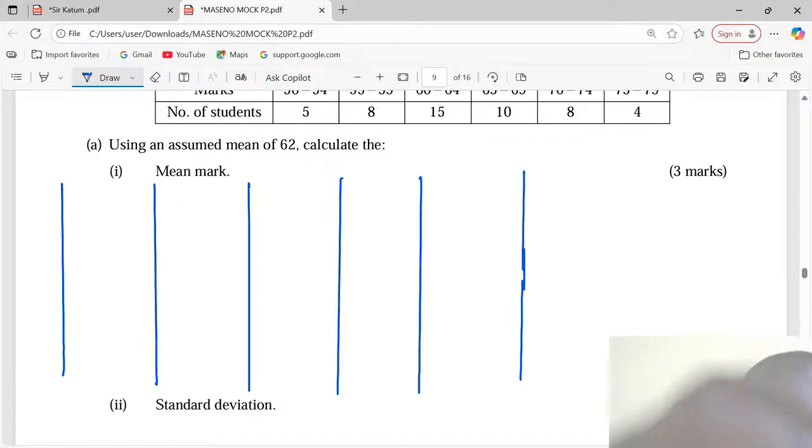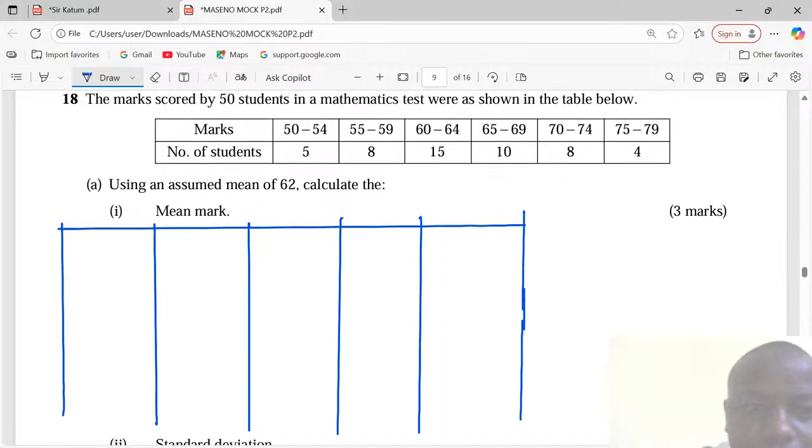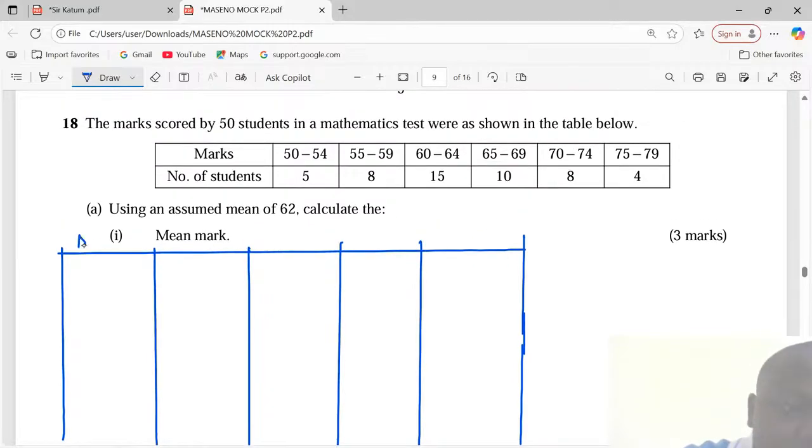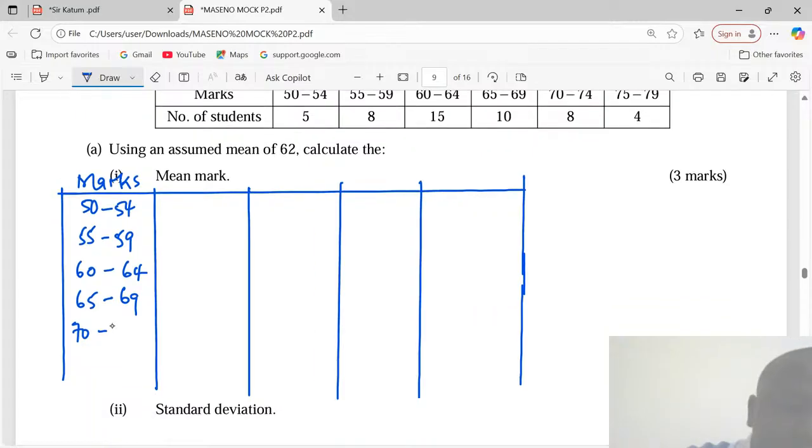So first, we will begin with the classes, just as usual, whereby in the classes we are having the marks. Then we have from 50 to 54, 55 to 59, 60 to 64, 65 to 69, 70 to 74, and finally 75 to 79.